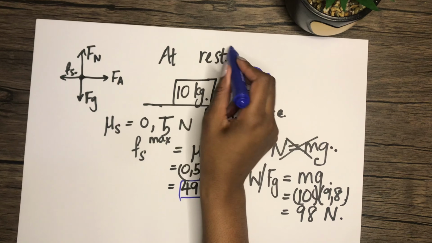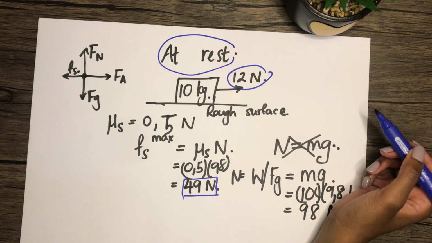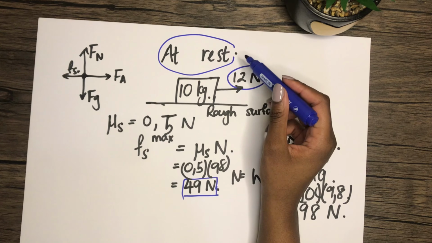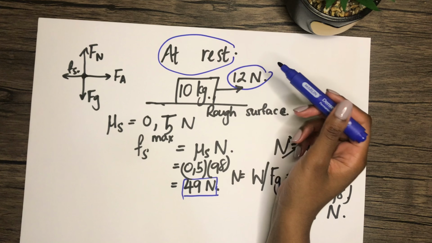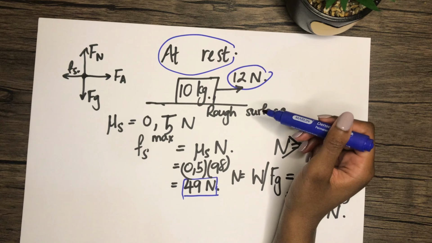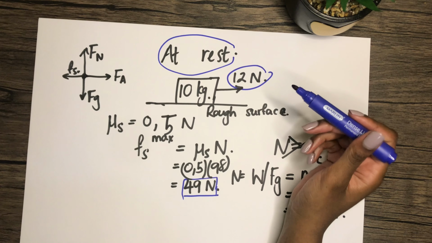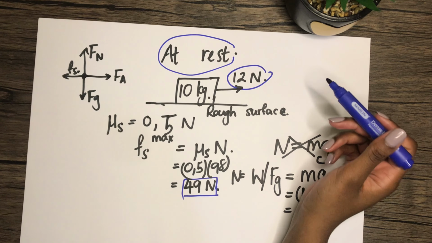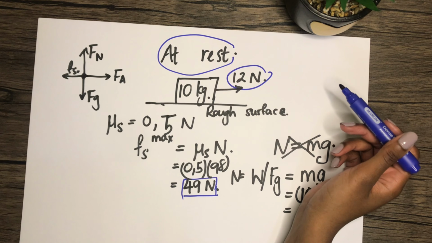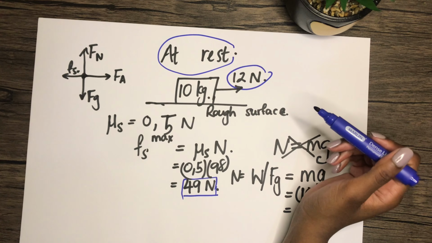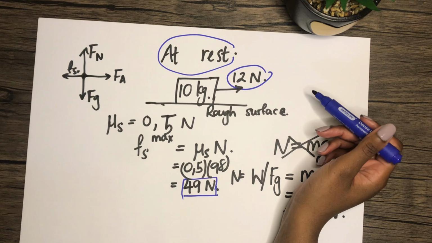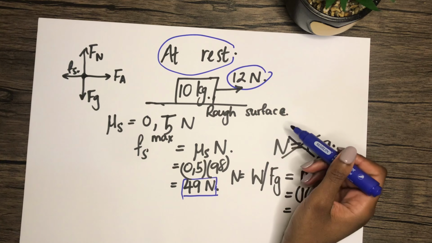So the object remains at rest, right? So that's why we can have an object where force is applied but remains at rest, if that force that is being applied is not enough to overcome the maximum static frictional force when that object is on a rough surface.